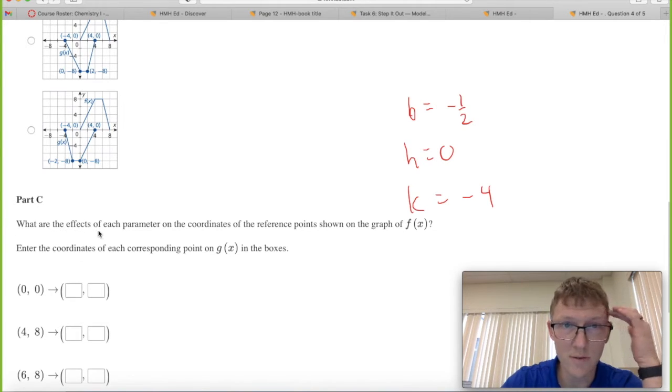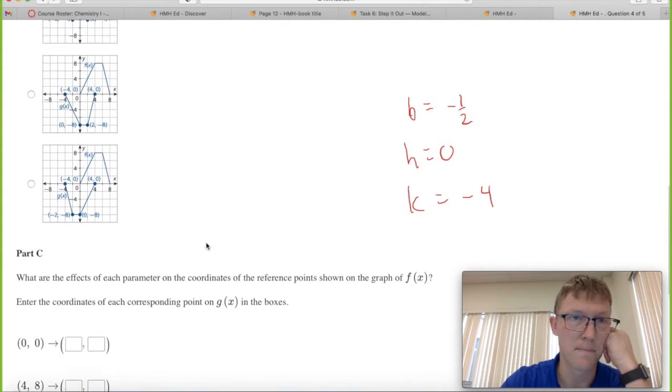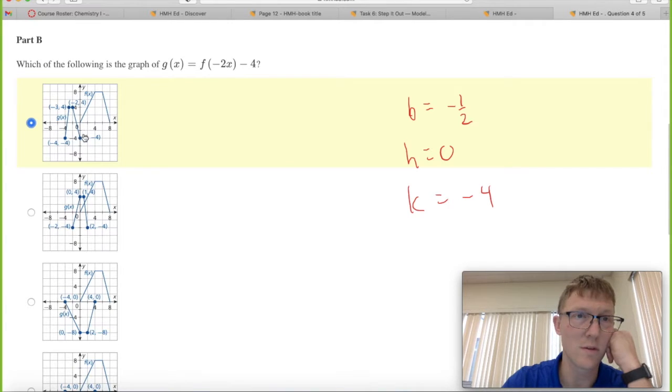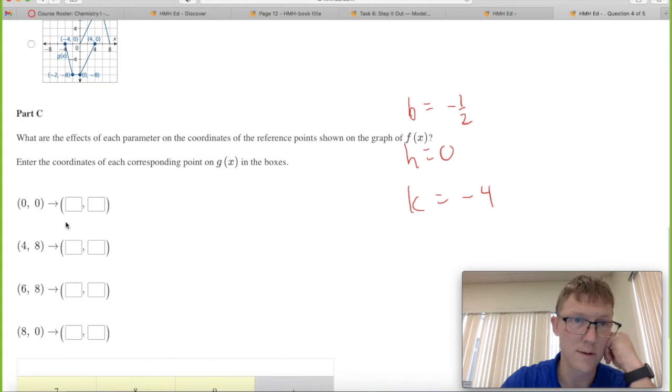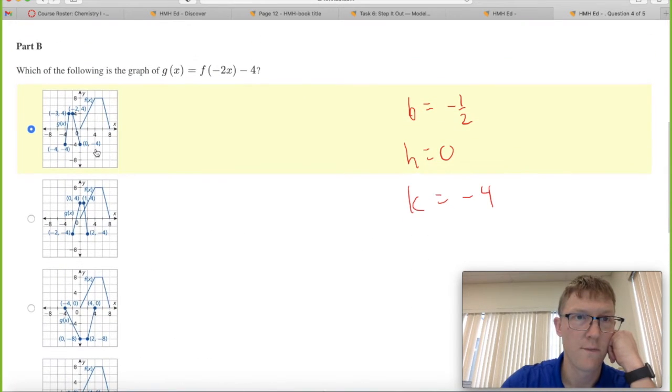And then what are the effects of each parameter on the coordinates for the reference points shown on the graph of f of x? So they have the reference points on here. So I'm just going to use those numbers. So 0, 0 moved down 4 units and then was reflected, so it's still 0, -4. 4, 8 was reflected and then moved down.